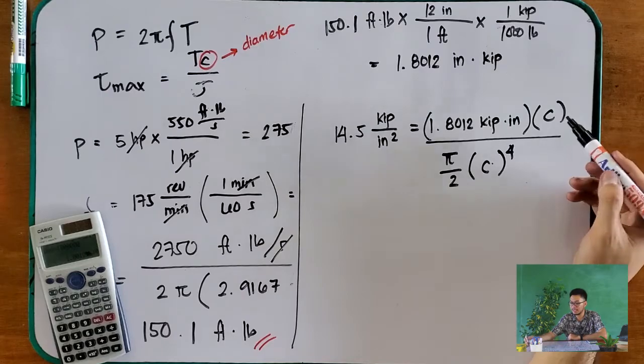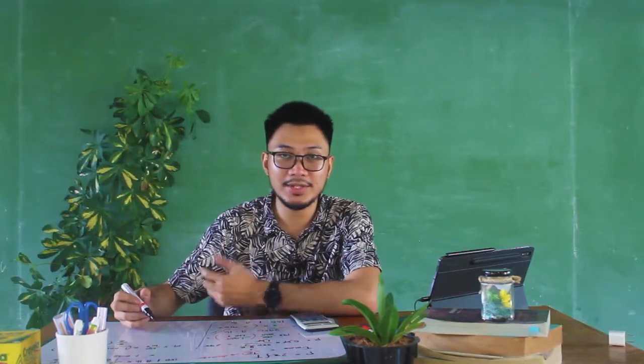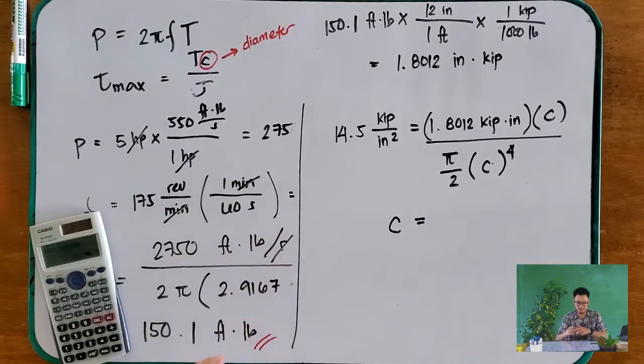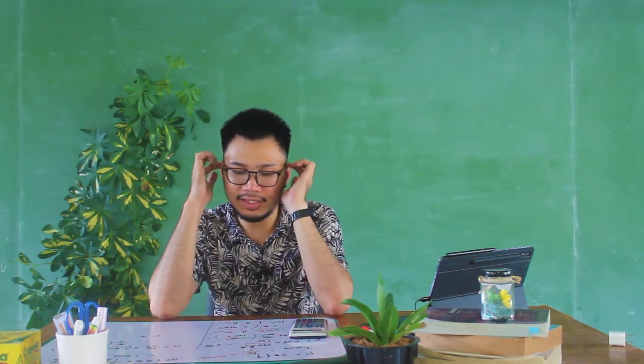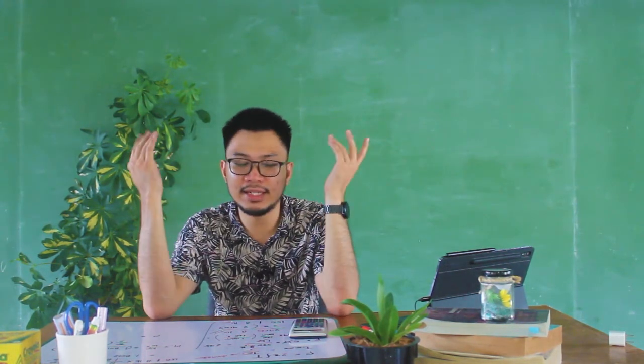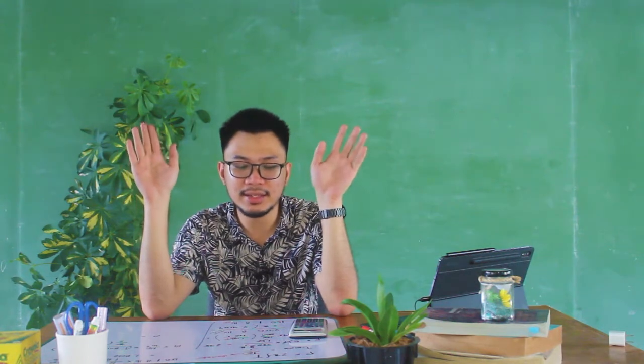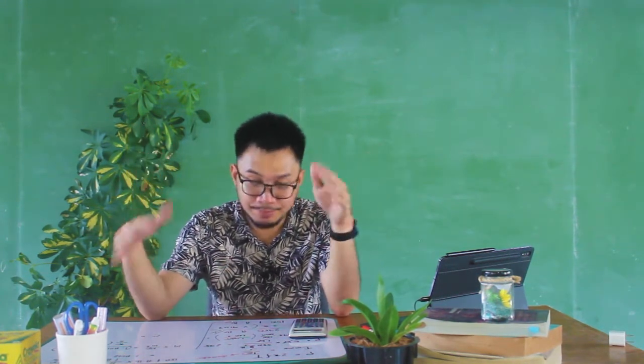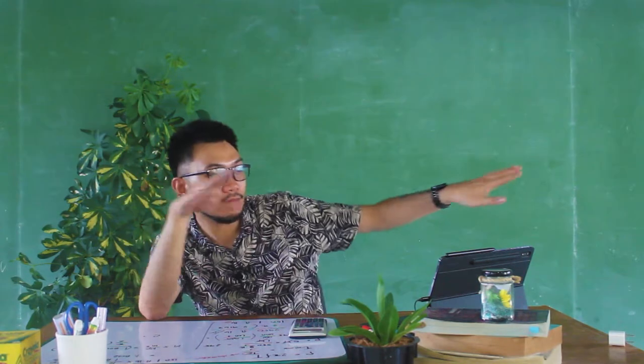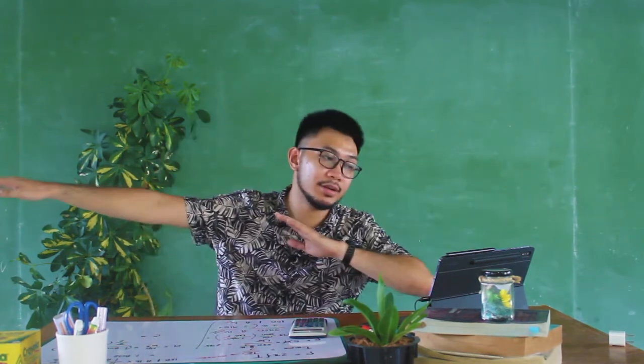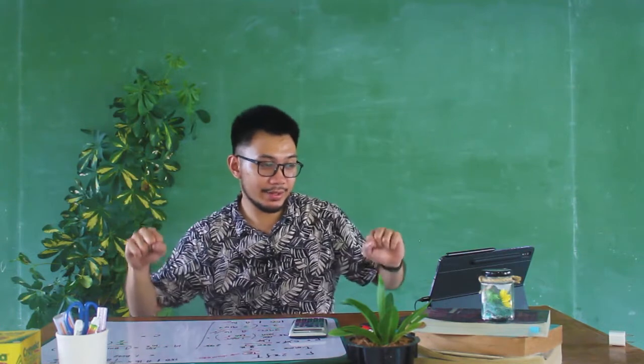So we have two unknown C's. So therefore, by using your calculator, perhaps you can solve for C. It takes a while to solve, to the 4th. Math error.